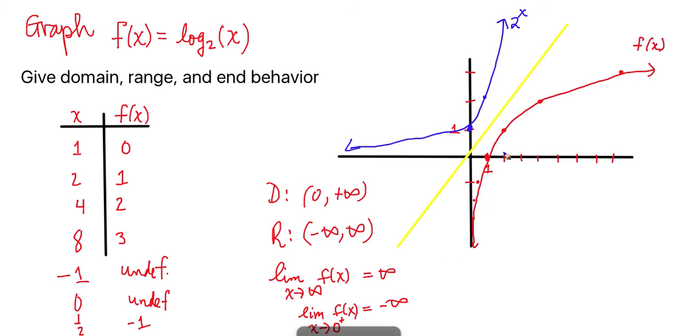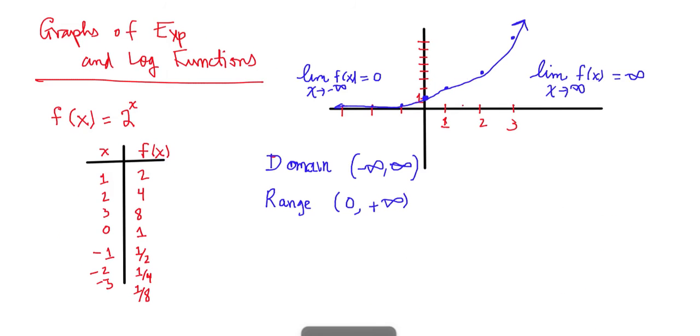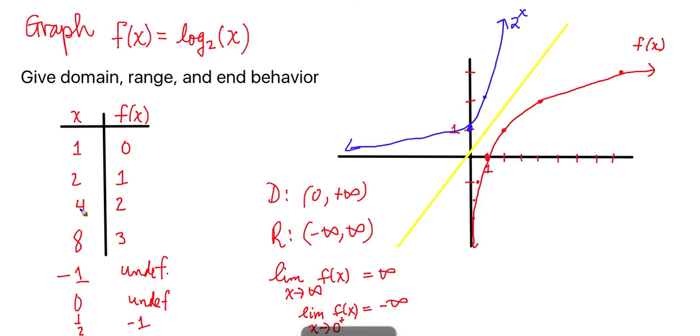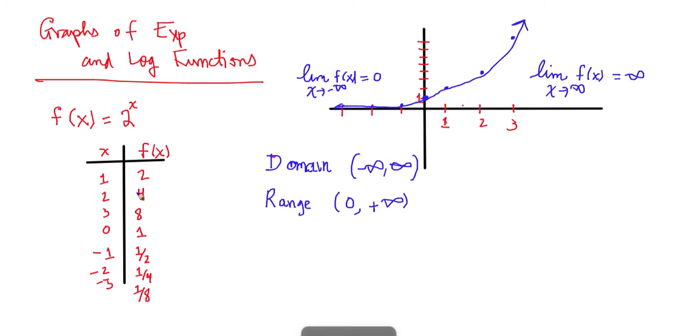And if you notice here, all of the points here: (1, 0) for f of x, (0, 1) for the blue curve, (2, 1) for the log function. I'm going to rewind here. (1, 2) for the exponential function. (4, 2) for the log function. And it shouldn't be a surprise, (2, 4) for the exponential function.